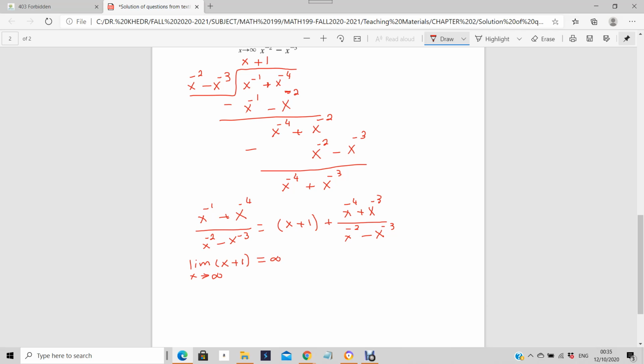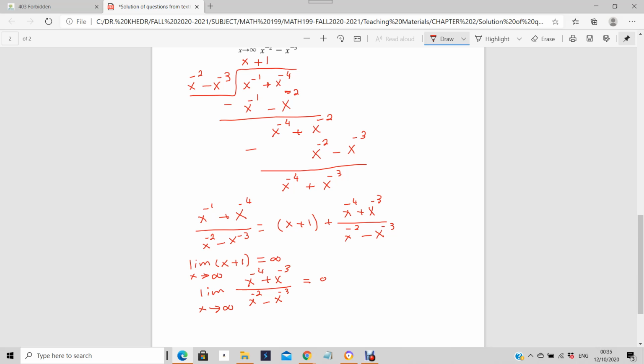Okay, and the limit of the second term as x goes to positive infinity should be 0. Why? Because the highest power in the numerator is minus 3, and the highest power in the denominator is minus 2. Minus 3 is less than minus 2, then this limit will be 0.